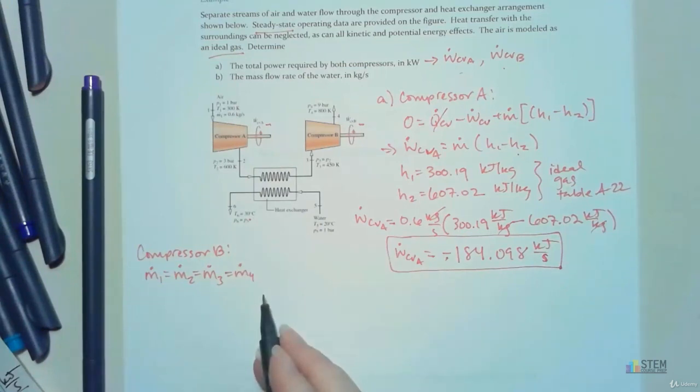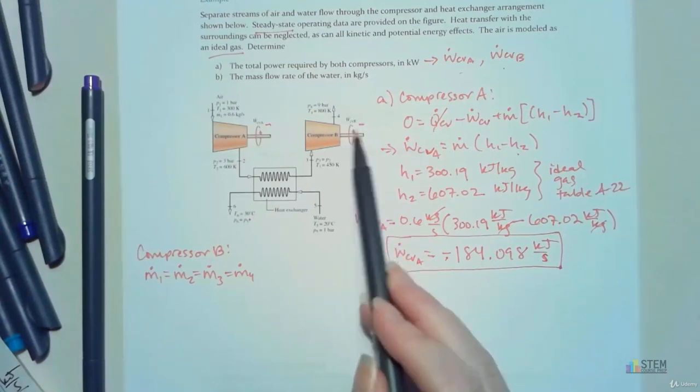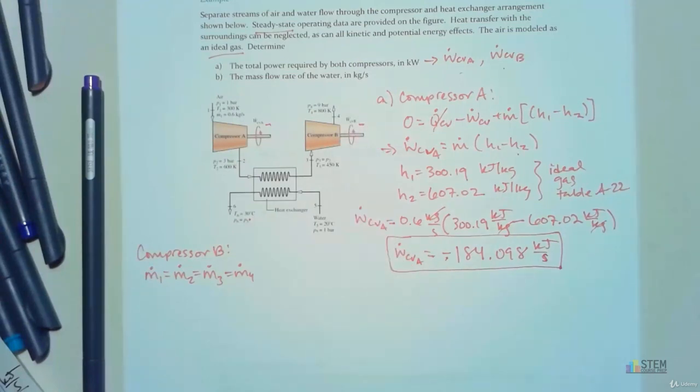So they're all the same. Nothing's changing that mass flow rate. Now we want to find the power required by compressor B. So that's this W dot term. That's going to be our external power that's being supplied.